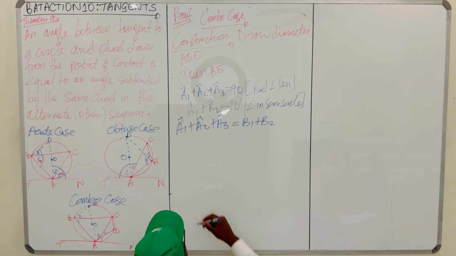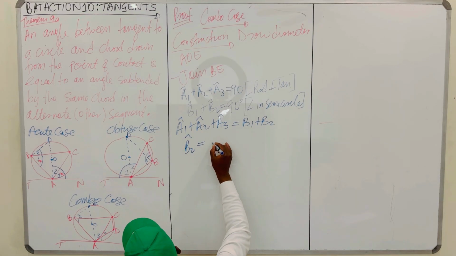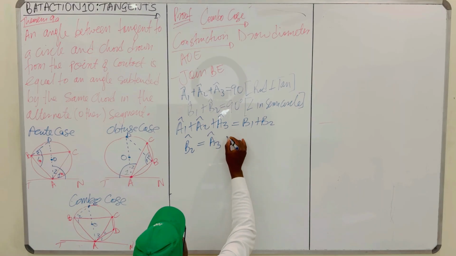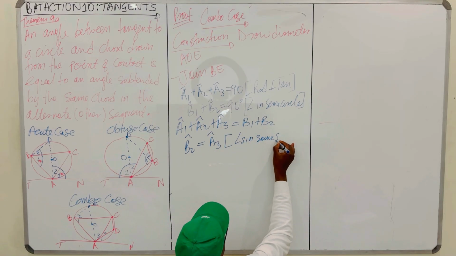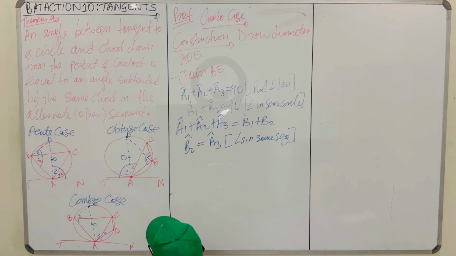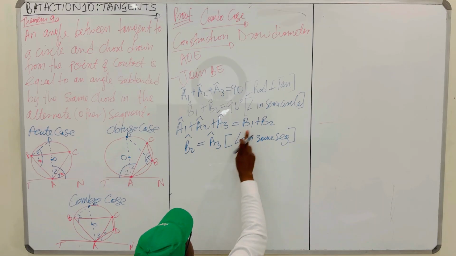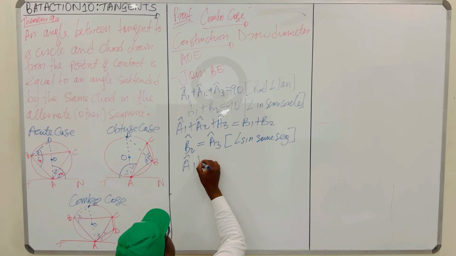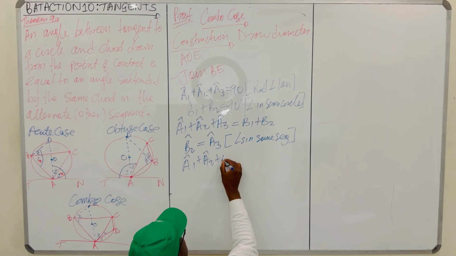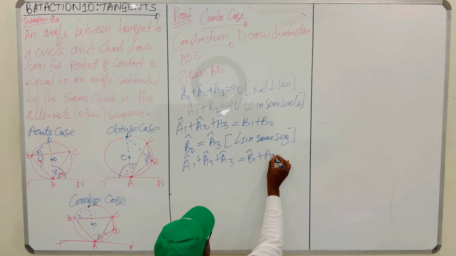So B2 is equal to A3, because angles in the same segment are equal. So where we see B2, we can put A3. So your A1 plus A2 plus A3 is equal to B1 plus A3.